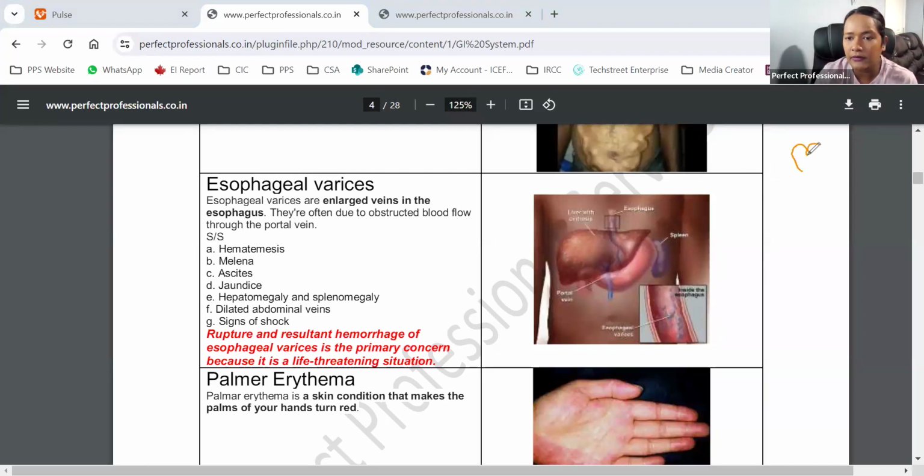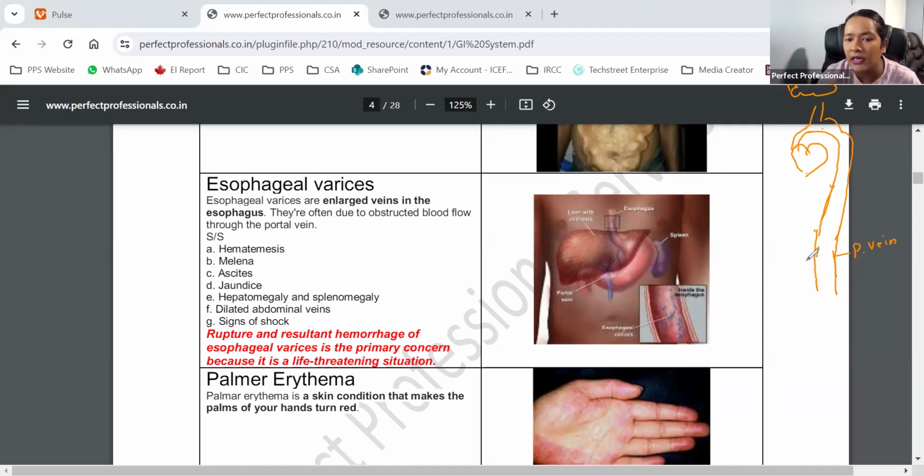From the heart, the aorta comes out. The ascending aorta supplies blood to the brain and upper body. The aorta is the biggest vessel in our body, right? When the aorta comes down into the abdomen, in the abdomen this is called the portal vein. Again, this is a big vein.